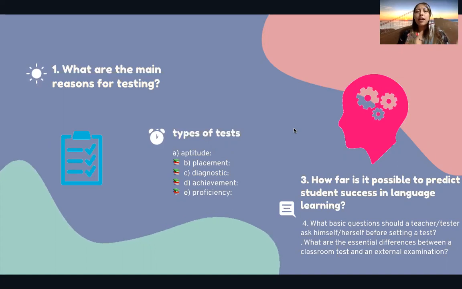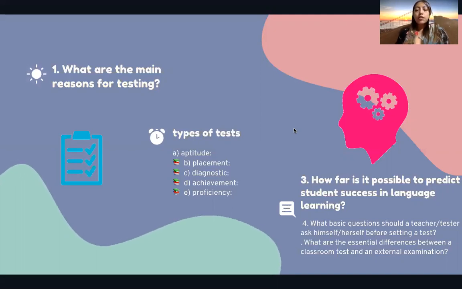We have checked that before. And how far is it possible to predict students' success in language learning? Well, it is a little bit hard, because it depends on the factor of an individual's ability to acquire a second language. We could consider rote memorization, phonetic coding, and the recognition of grammatical analogies.